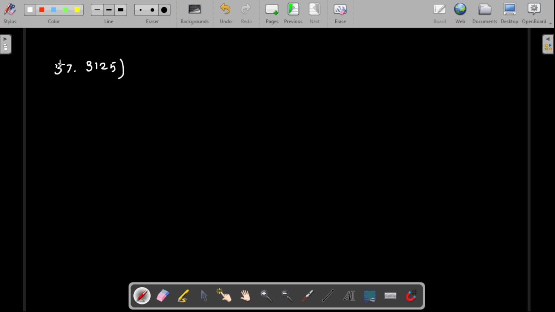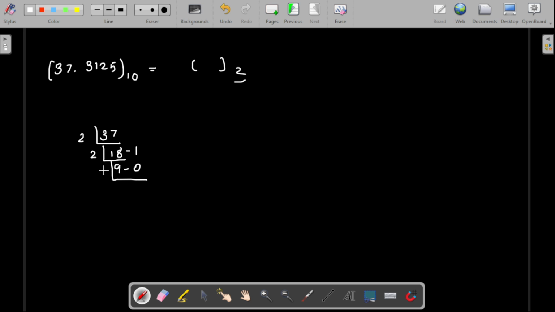So first example, let's start with 37.3125. This is in base 10, in decimal format. What will be the conversion to binary? Okay. So let's take the integer part separately, fractional part separately. The integer part needs to be repeatedly divided by the required base, which is 2. So 37 divided by 2 is 18, remaining 1. Then 18 divided by 2 is 9, remaining 0.